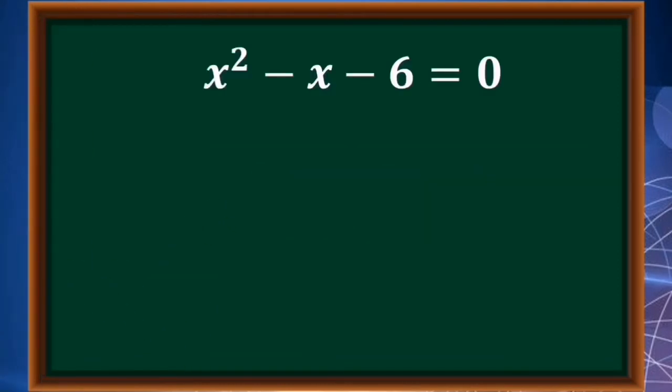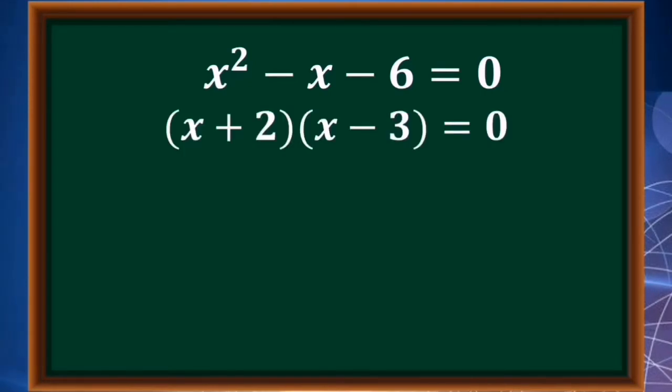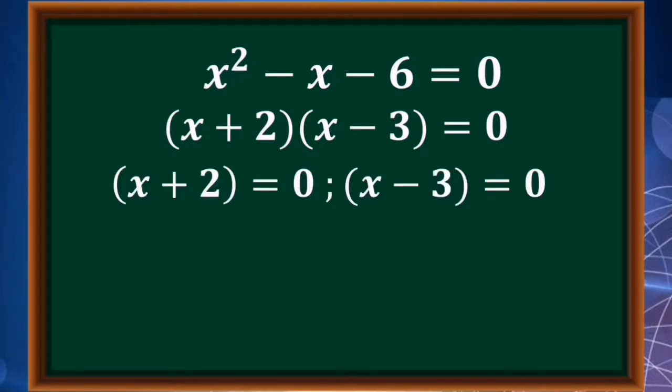To factor the expression, we have the quantity x plus 2 times the quantity x minus 3 is equal to 0. Now, by using the zero product property, we have x plus 2 is equal to 0 and x minus 3 is equal to 0.